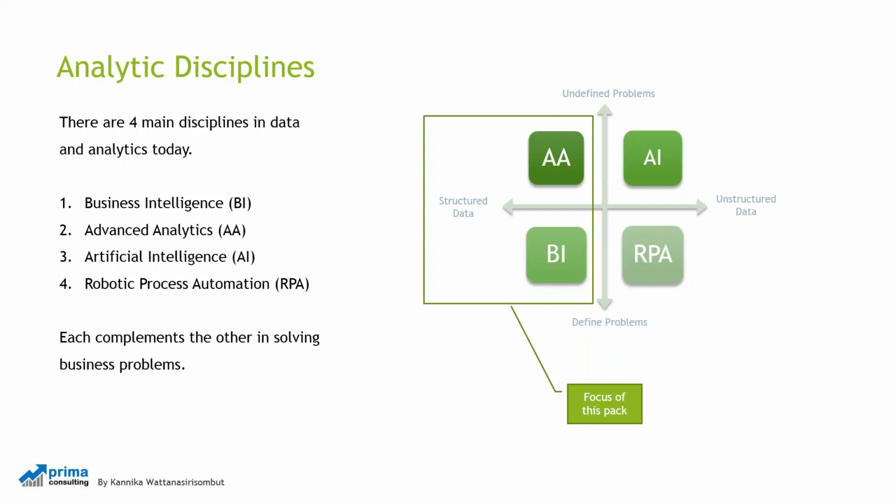And our webinar today will be focusing on these two sections. So the advanced analytic is focused on using historical data to forecast future events and behaviors. It uses mostly internal data and also can incorporate with external and unstructured data as well.